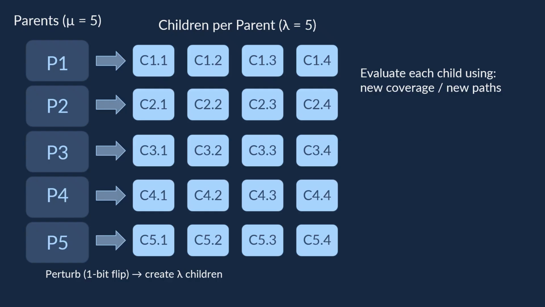And the reason why Darwin uses multiple parents instead of just one parent that creates children and loops over and over again is because these fuzzing systems can often have local optima, which is like a solution to the target that seems like it could be the best in a local setting, but it's not actually the best overall.